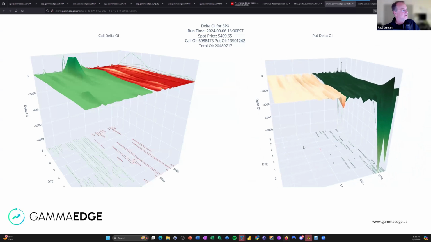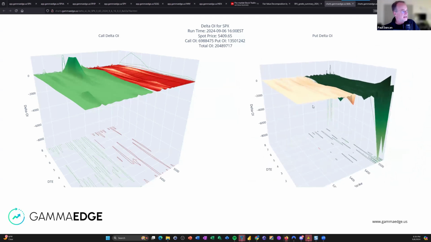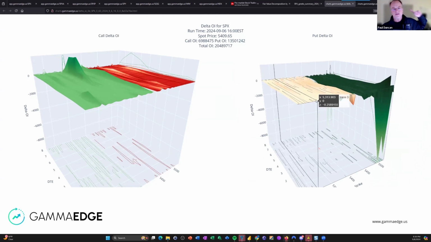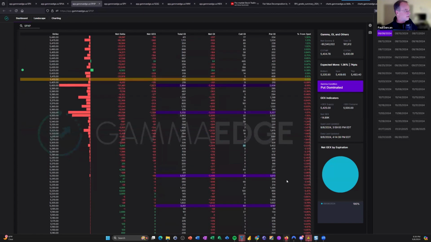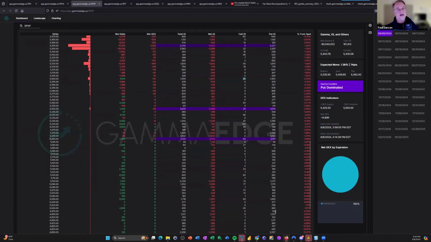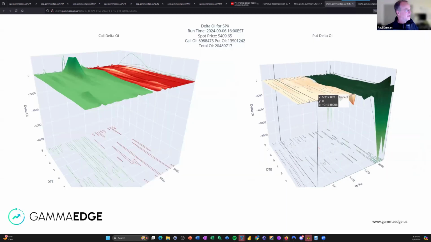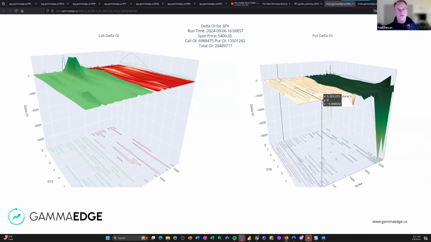And that basically tells us there's not a lot of activity, there's not a lot of deltas because they are so far out of the money, right? They exist. You can go look at the open interest, right? We can scroll on down and you see a ton of puts here. They don't have any value. How do you know they don't have any value? You can see this flat edge right here. There's no delta. You have to have some proximity to these things because they're so far out.